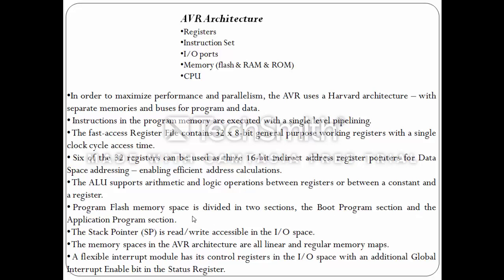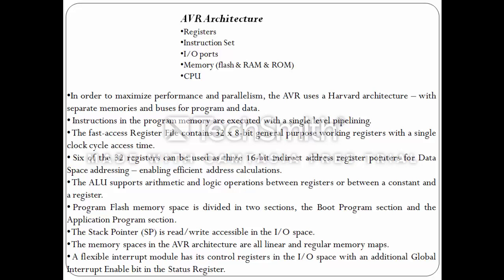In Atmega 328P, the SRAM memory is organized as 32 general purpose working registers, 64 IO registers, and 160 extended IO registers, and 2 KB of internal data SRAM is there. Along with this, the Atmega contains 1 KB of data EEPROM memory also.